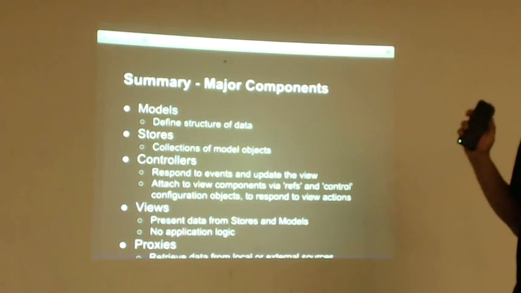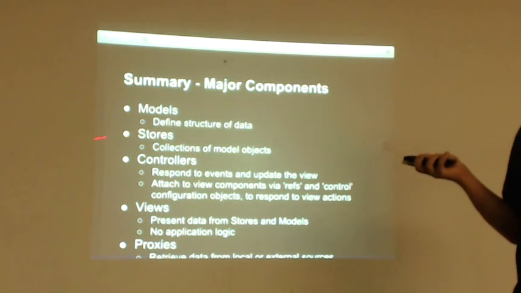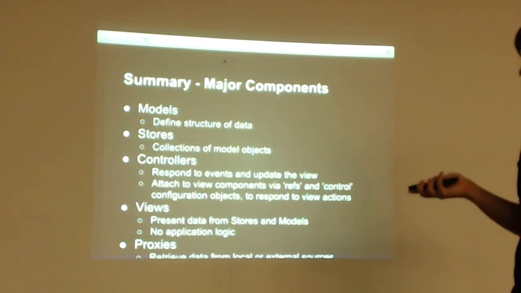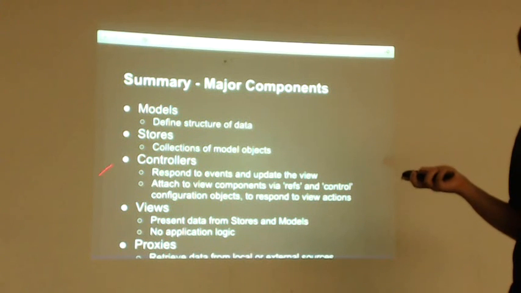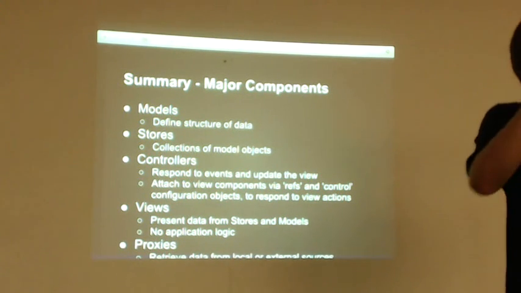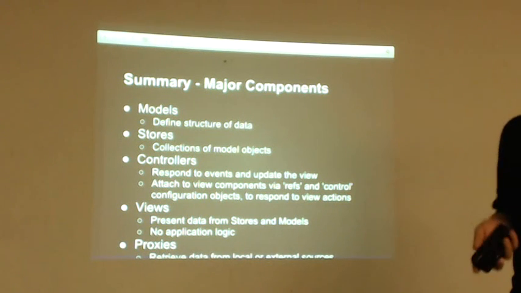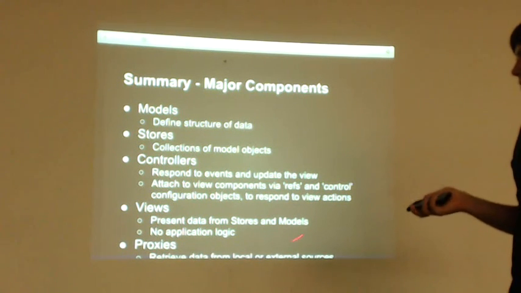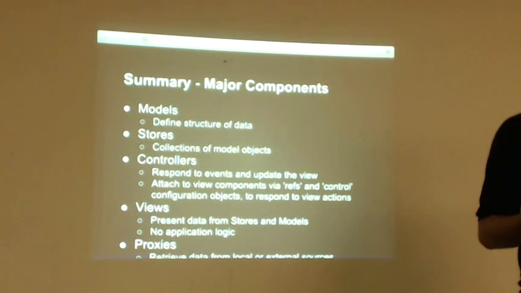So in summary, models structure, stores collect models, controllers handle pretty much any app interaction within itself and pretty much everything else, views present data, and proxies get data from somewhere else.